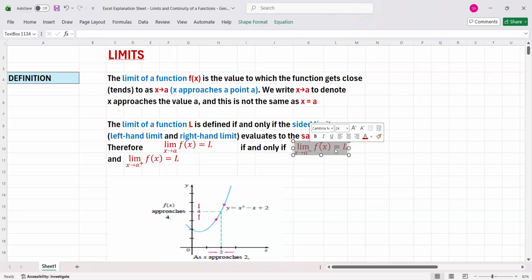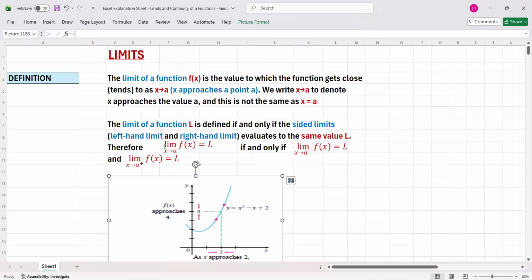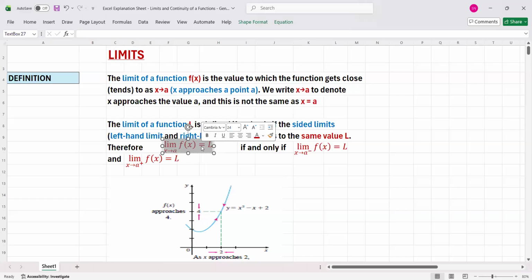If that value will give you the same L, and then we approach the limit from the right-hand side of a. So the right-hand side of 2 can be from 2.5 or 3, very close to the value 2. If that limit also gives you the same value as L, then the limit as x approaches a being L, we say is true.